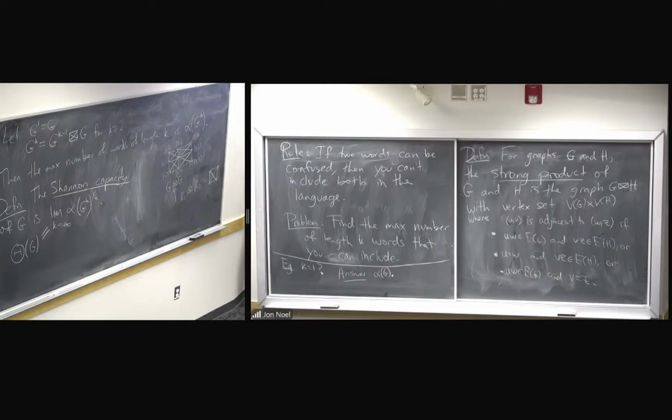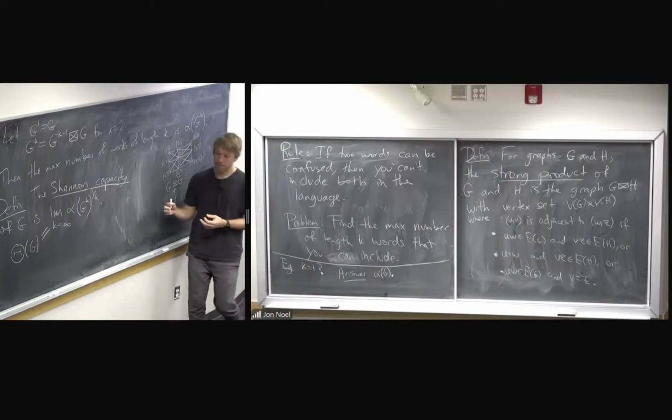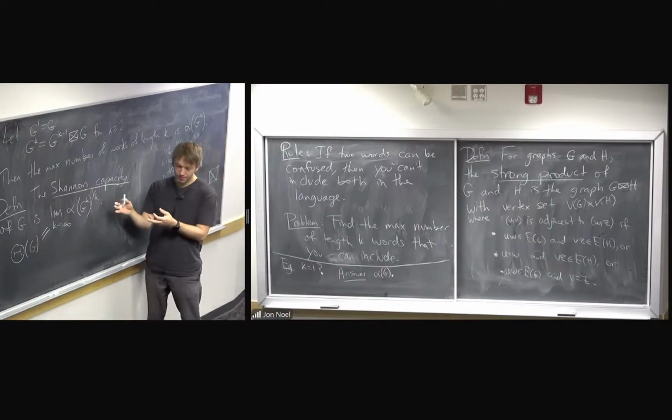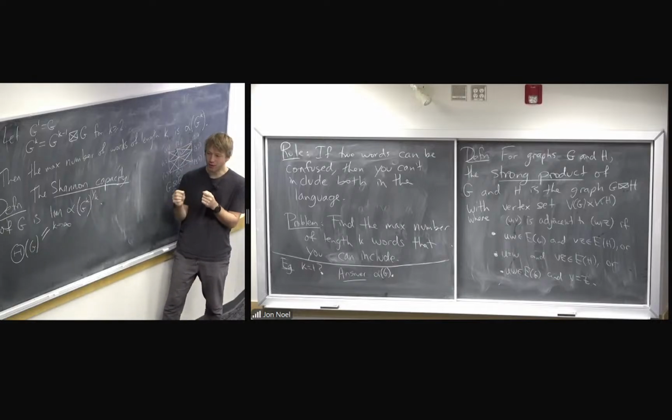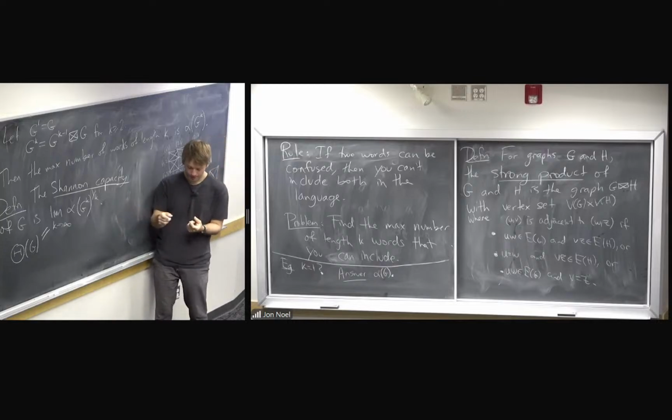In some sense, you should think of this as the effective number of letters in your alphabet. Because remember when we had no edges in the graph, the number of words was n to the k. So if you have n letters in your alphabet, you had n to the k different words. Then you take that to the 1 over k, it gives you n, which is the number of letters.